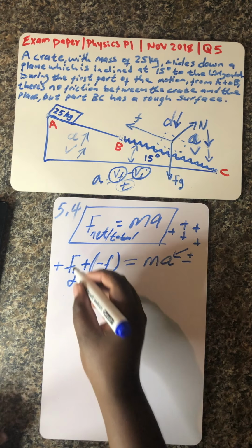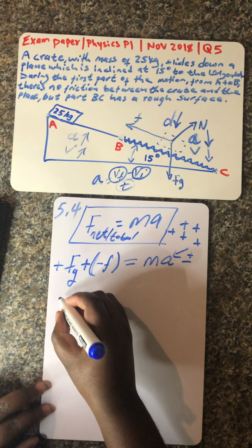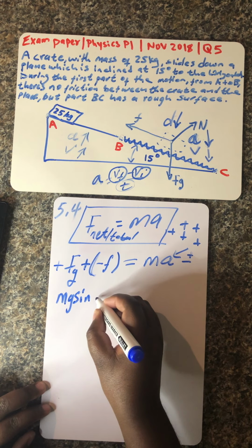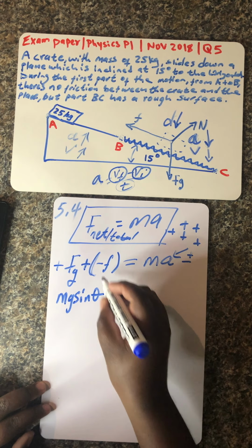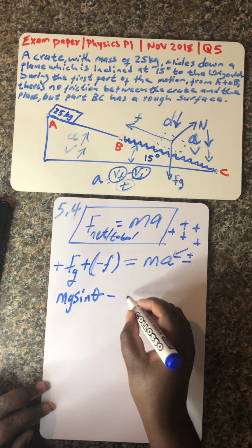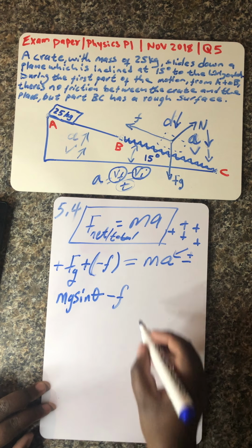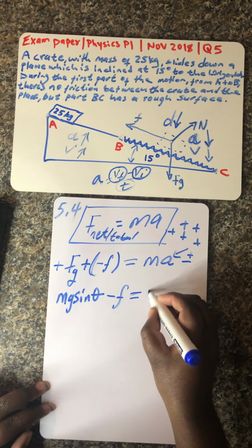So guys, what is the formula for FG? I think it was on our first question, or the second question? FG is mg sine theta, the same angle, guys. Now I can just remove those brackets and say minus the frictional force, which equals ma.